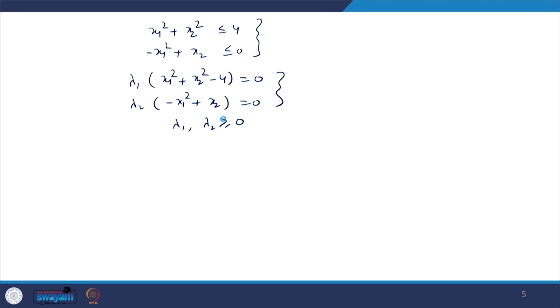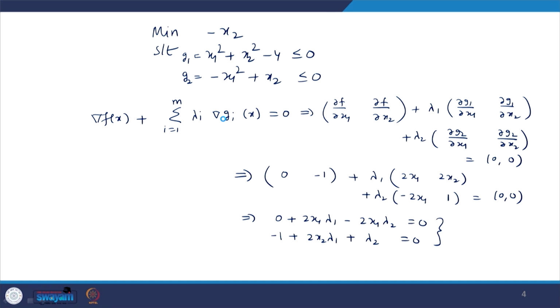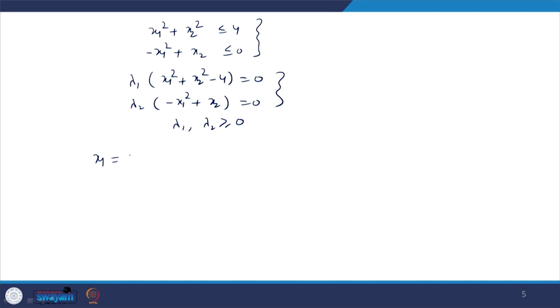Now, let us check whether (0, 0) is a KKT point or not. KKT point means it satisfies the KKT conditions. So, I am putting x1 equal to 0 and x2 equal to 0. Then lambda 2 comes out to be 1. So, 0 plus 0 less than 4, true. 0 less than or equal to 0, true.